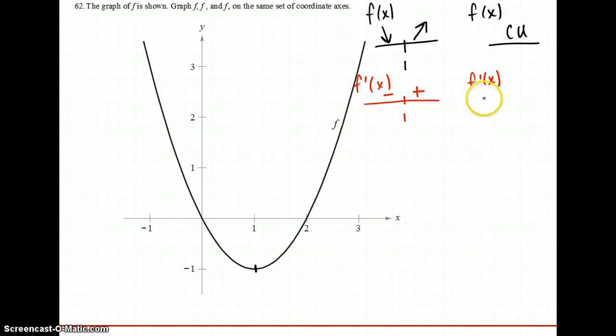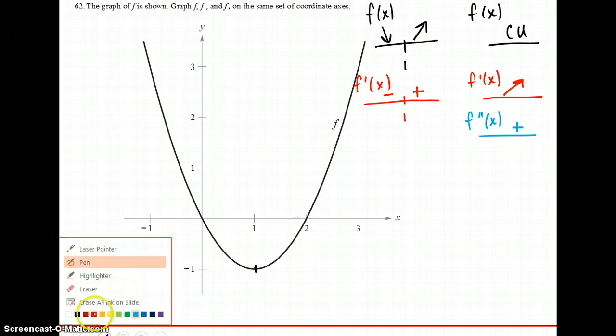If my function is strictly concave up, then my first derivative will strictly increase. And then lastly, if my function is concave up, that tells me that my second derivative will be strictly positive. Again, meaning just above the x-axis.